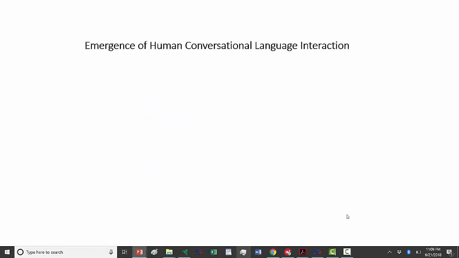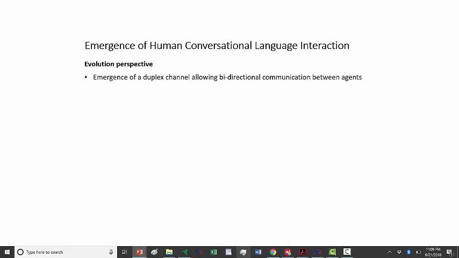Now, here's an example of active-passive concepts that throw some light on the emergence of human conversational language interaction. From an evolutionary perspective, there was an emergence of a duplex channel allowing bidirectional communication between agents.